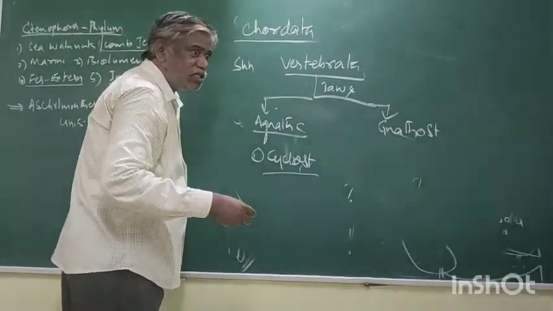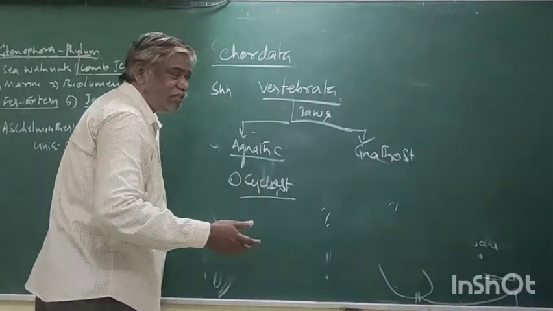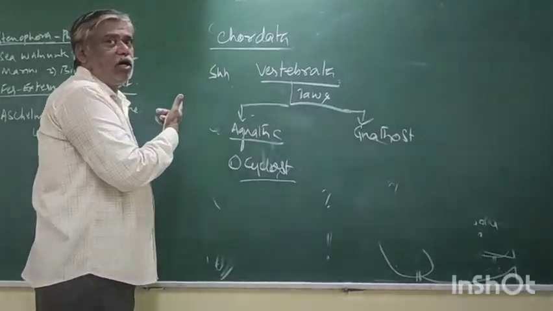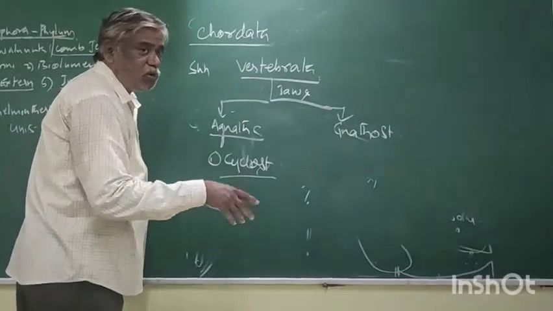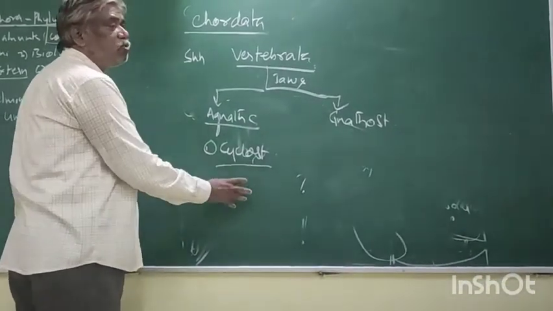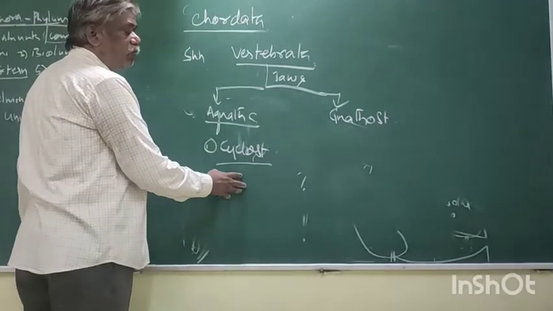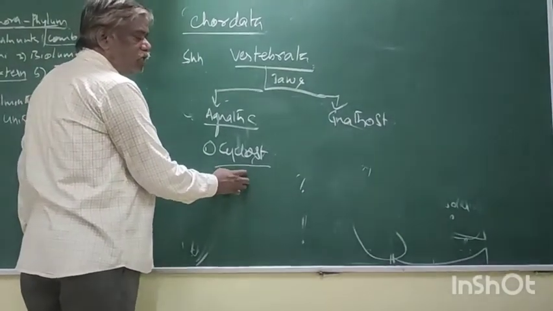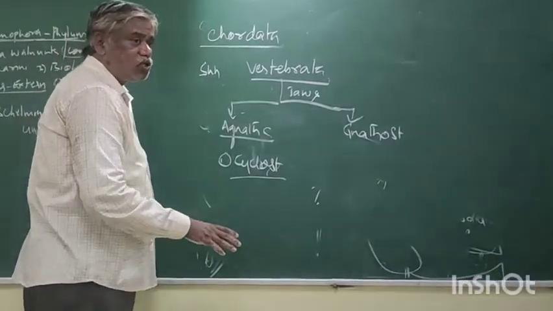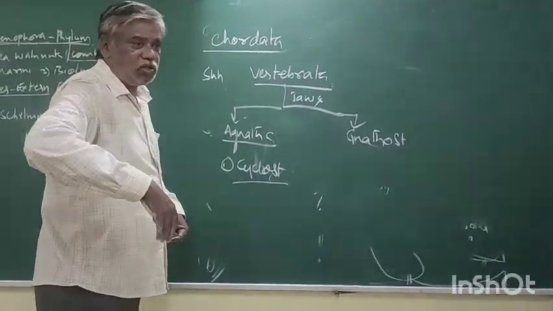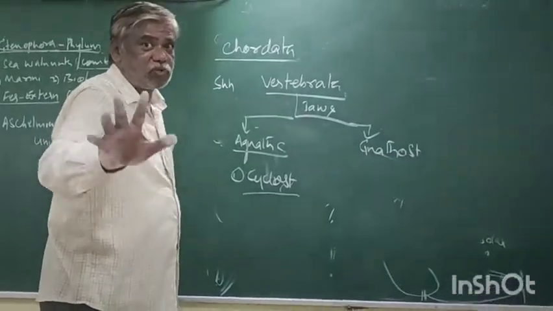When they want to release eggs, they migrate to fresh water. After the laying of eggs, they die. This migration is one of the important characters. Paired fins and scales are absent.